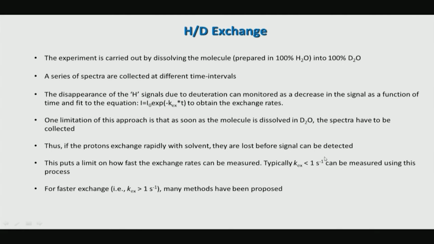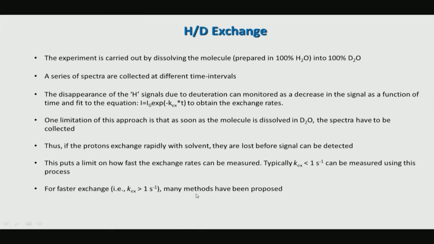That means if the hydrogen and the deuterium in the solvent exchange less than once per second, then you can say that the exchange is slow, and that can be measured by this kind of approach. But if your exchange rate is faster than that, then you cannot use this approach, and many alternate methods have been proposed to measure exchange rates faster than 1 per second.